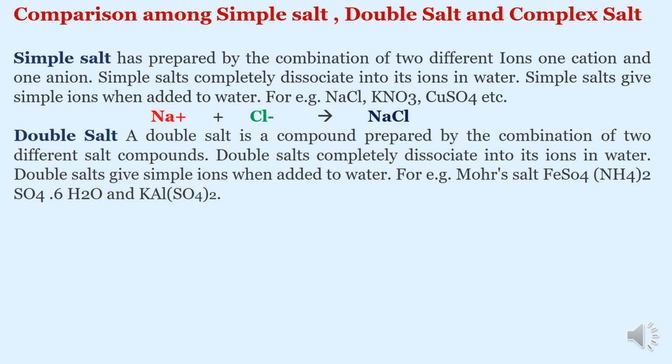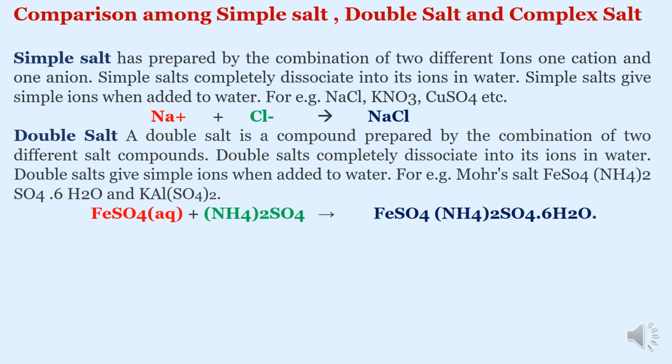For example, Mohr's salt. The starting materials, as we see here, are iron sulfate plus ammonium sulfate. We have two different salts, and each one of these salts combined together to form Mohr's salt.